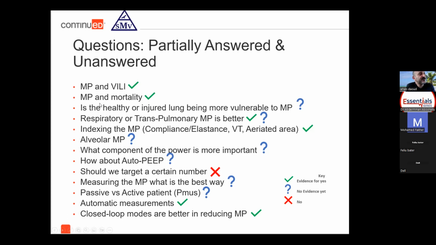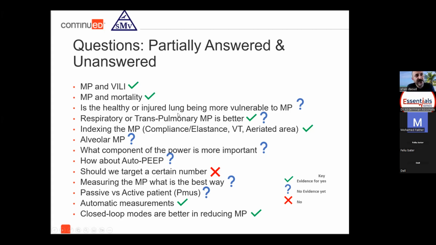A question always comes to my mind: which lung is more vulnerable to ventilator-induced lung injury or to high mechanical power? If I have a normal lung and another patient with ARDS, and we're both getting the same mechanical power, who can get injured? Is it the normal healthy lung or the ARDS lung?